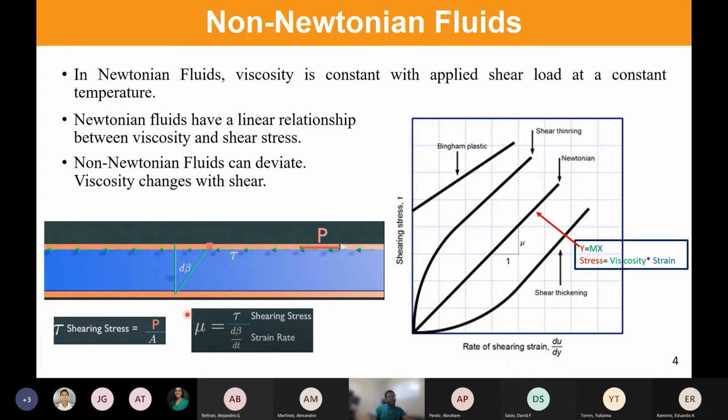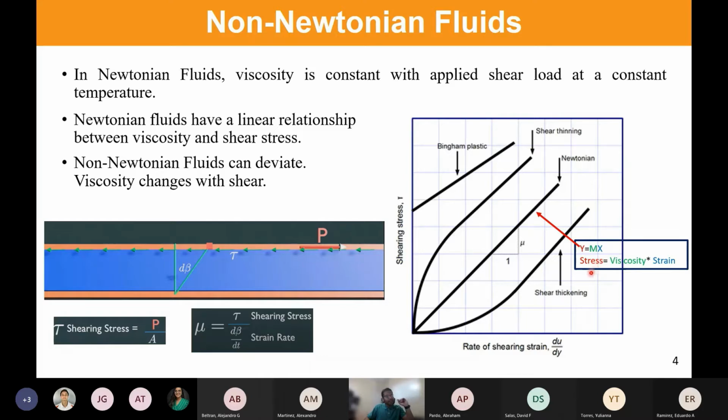Now, if you have a very straightforward relation between stress and strain, if you can say that, hey, however much stress I put, my strain goes up proportionally, then all you need to use is this equation, y equals mx, and you need to find out the m, the viscosity. And if you can find that, you know that's a constant.